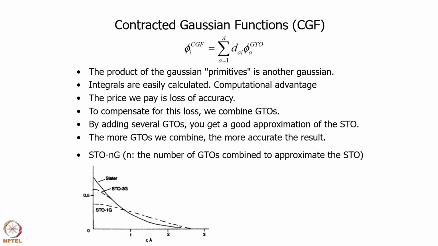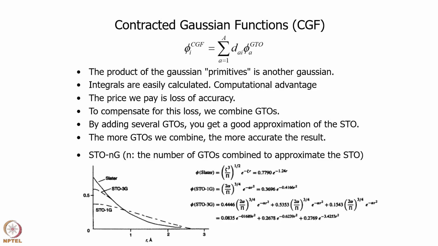Three GTOs give a linear combination to generate an STO kind of orbital. They are Slater type orbitals, not exactly Slater orbitals, and that is the minimal basis set possible. If I look at the orbital, this is how the Slater type orbital will look. So, if you see, there are two things.